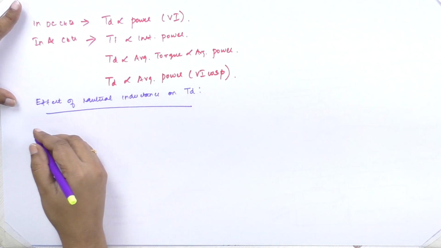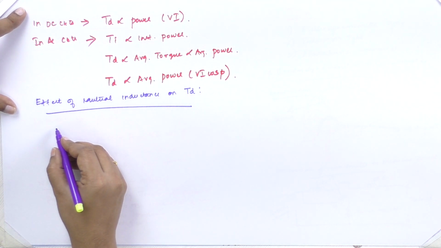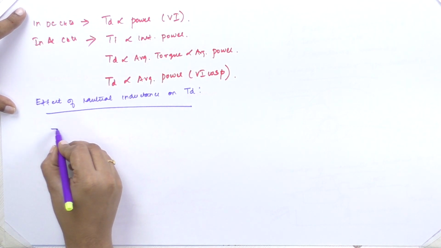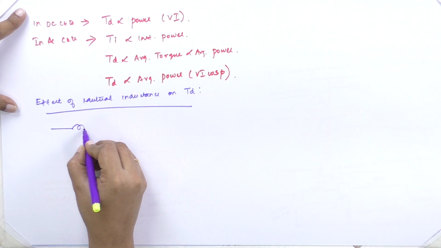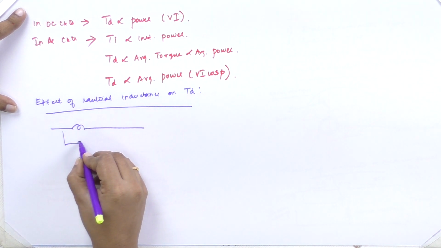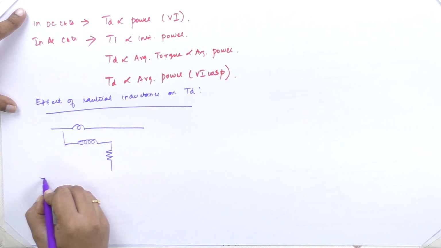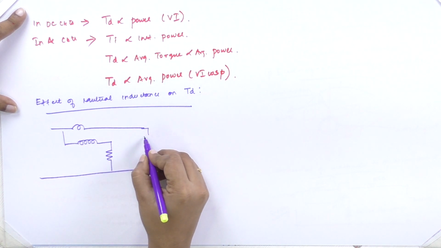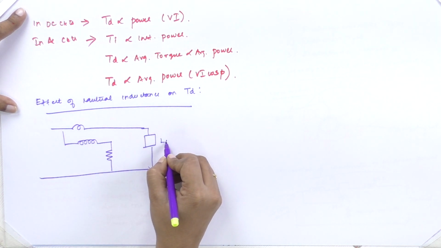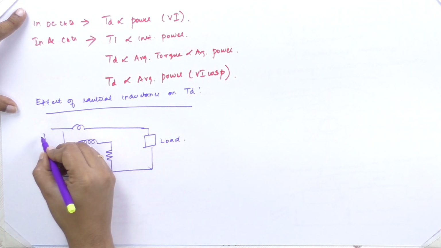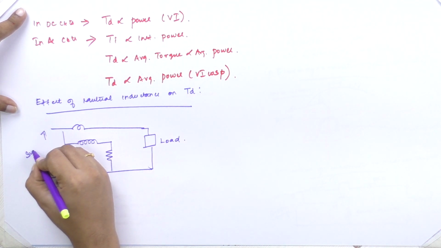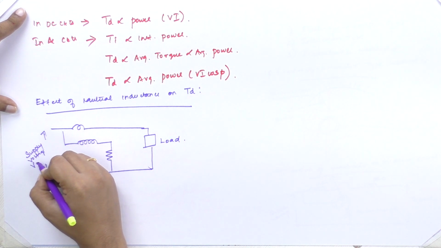So, let us draw the equivalent circuit of the wattmeter: fixed coil, moving coil with the series resistor, which is connected to the load, and supply voltage VPC.